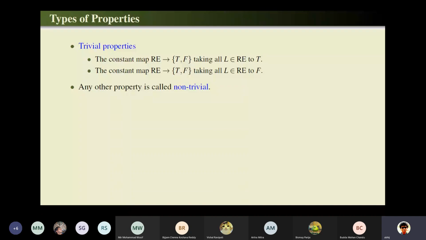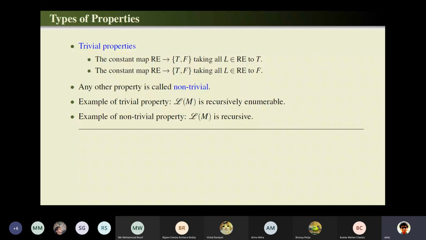Example of a trivial property, as I mentioned: language of M is recursively enumerable. This is universally true, so it's a trivial property. Whereas if I say language of M is recursive, this is not universally true.